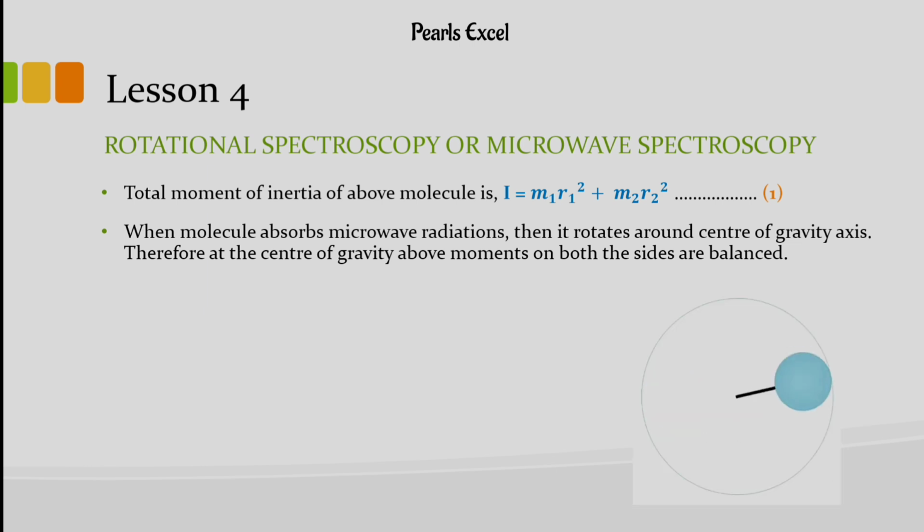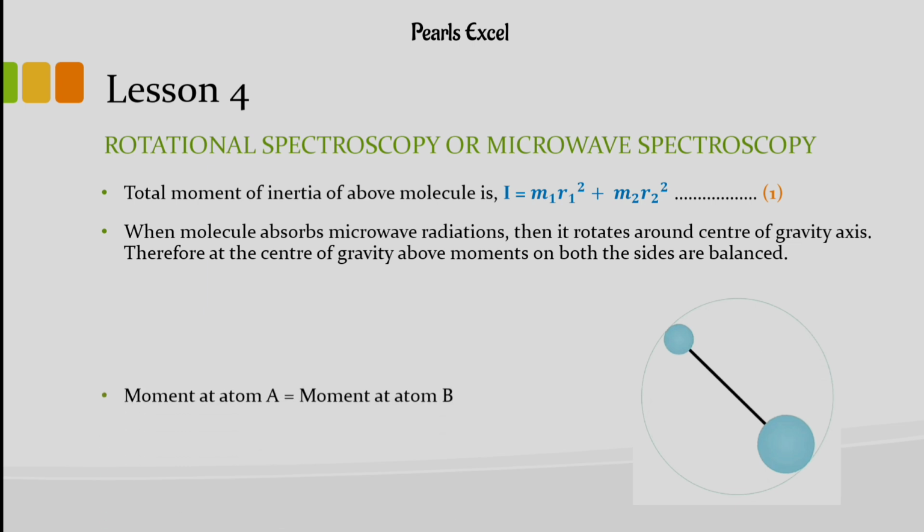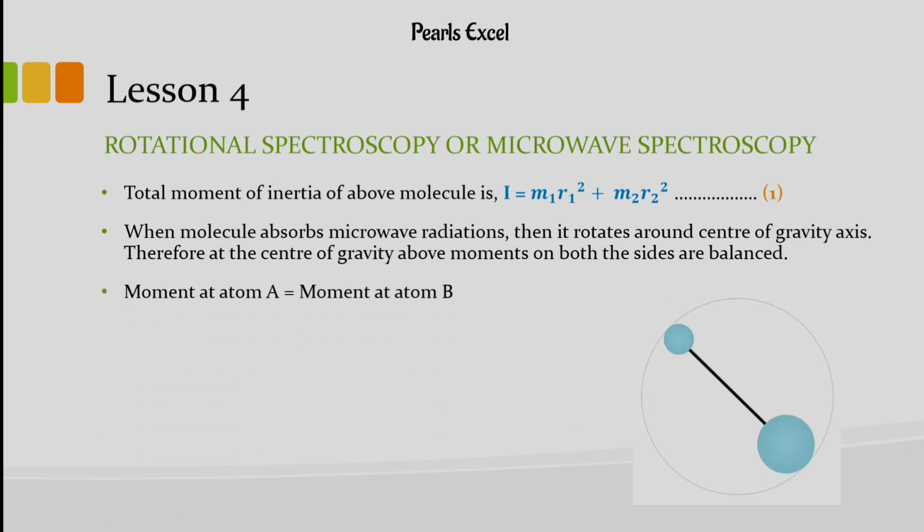Therefore, at the center of gravity the moments on both sides are balanced, that is, the moment at atom A is equal to the moment at atom B. So m1 r1 is equal to m2 r2, equation number 2. Later consider r is equal to r1 plus r2, equation number 3.